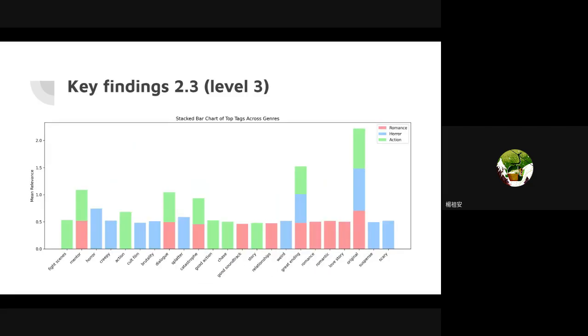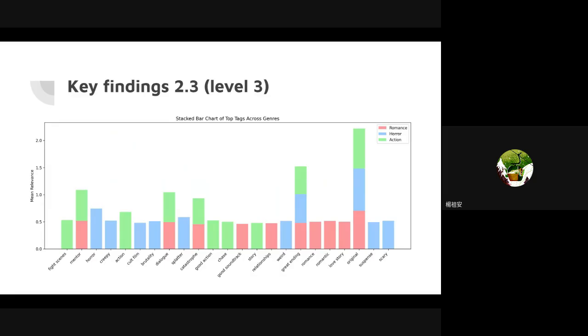Here I do a stacked bar to represent the relation between each genre and to see how each tag shows the most important. So we can see that in the original one, which is three origin and great ending, romance, horror, and action all have this tag and all have a relatively high relevance.